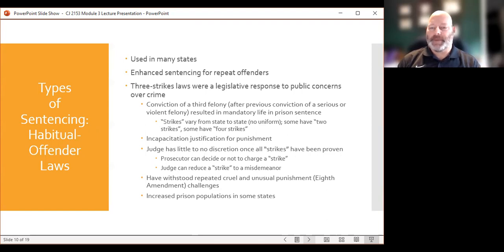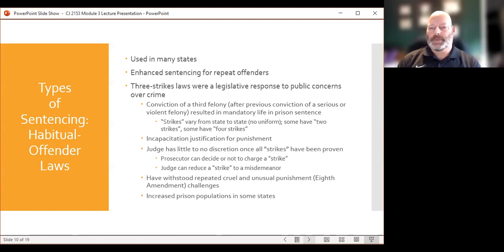This is the incapacitation justification for punishment, that if you take the offender off the street for the remainder of their natural life, they won't commit crime again. Under habitual offender laws, the judge has little to no discretion once all the strikes have been proven by the prosecutor.